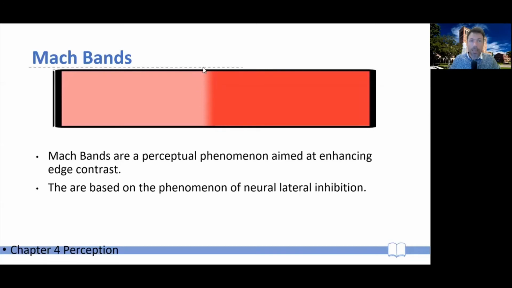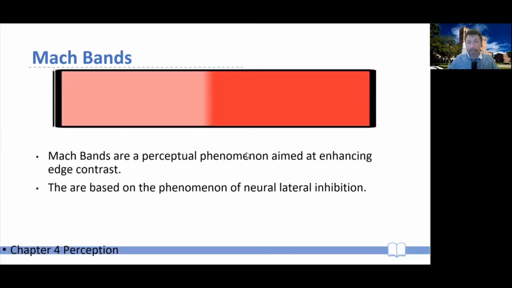And conversely, just on the other side of the boundary, you might notice that there's an even darker red stripe right here. Turns out, not true. Neither of these two, the brighter red and the darker red little bands, exist. They're purely a perceptual phenomenon, meaning that your brain makes you see them, but they're not really there.